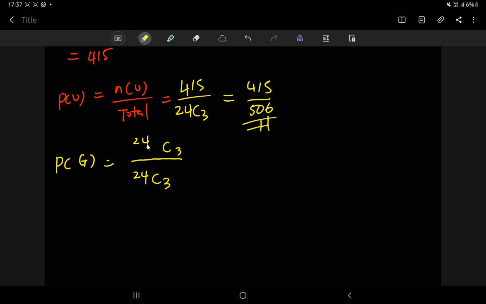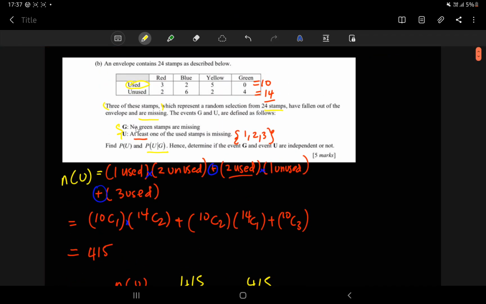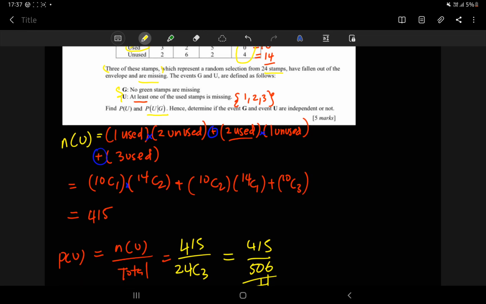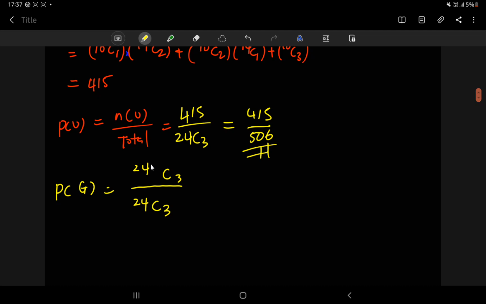But we need to exclude the green stamps, because event G is defined as no green stamps are missing, which means these 4 green stamps are never missing. So we minus 4, which is 20 choose 3 divided by 24 choose 3, which is 285 over 506. Okay, so it's very simple.